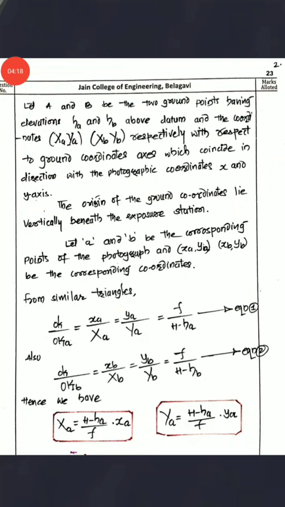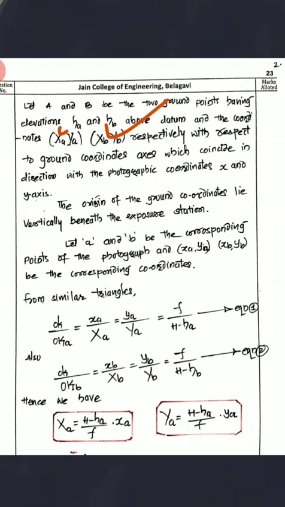Here A and B are the ground points, having HA and HB as the heights above the datum, and capital XA, YA and capital XB, YB represent the respective ground coordinates.